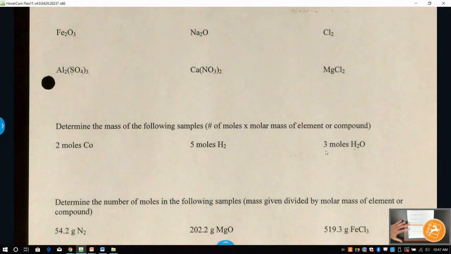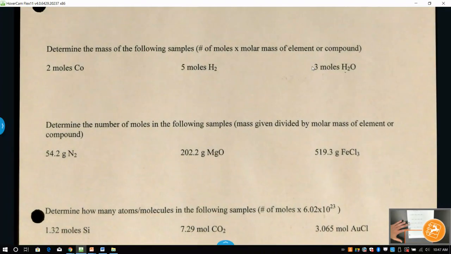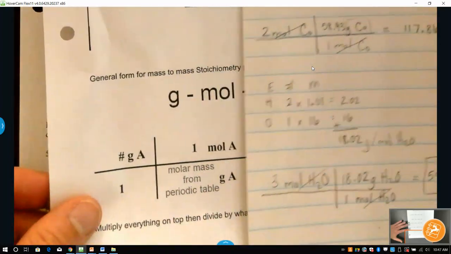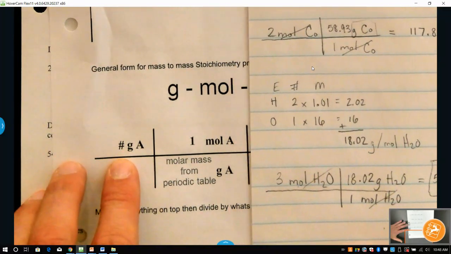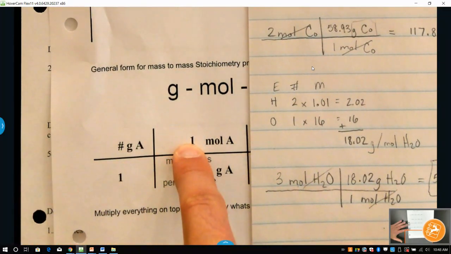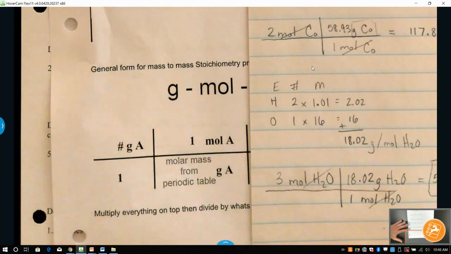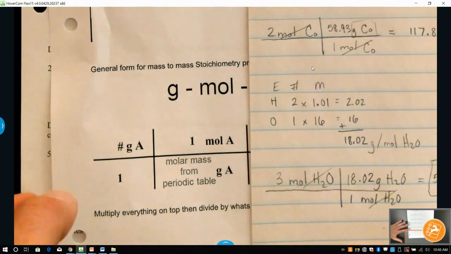Now the fourth section. The fourth section is going from grams to moles. So to go from grams to moles, you need to take the number of grams that were given, then do 1 mole of that element or compound over its molar mass.